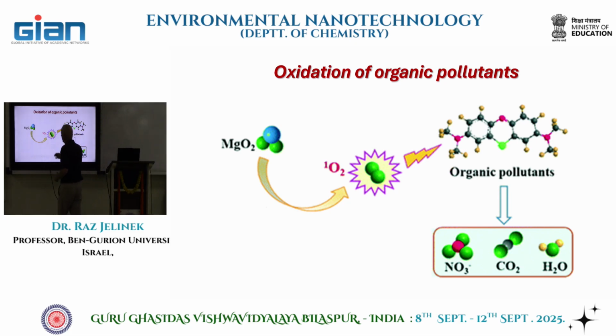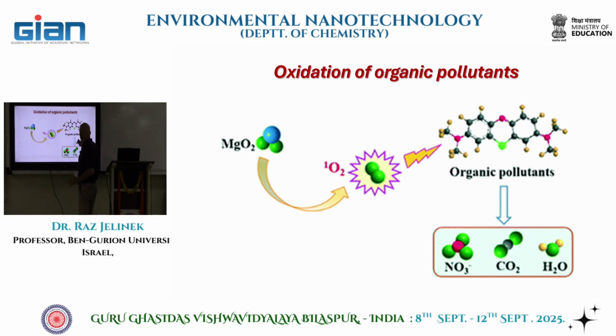This is an example. You see, this is a molecule called manganese dioxide. It's a very good oxidant. It takes electrons. So when we mix manganese dioxide with, for example, oxygen, and then there is an organic pollutant, what this molecule is doing, it oxidizes this pollutant, and through this oxidation, it breaks many chemical bonds.